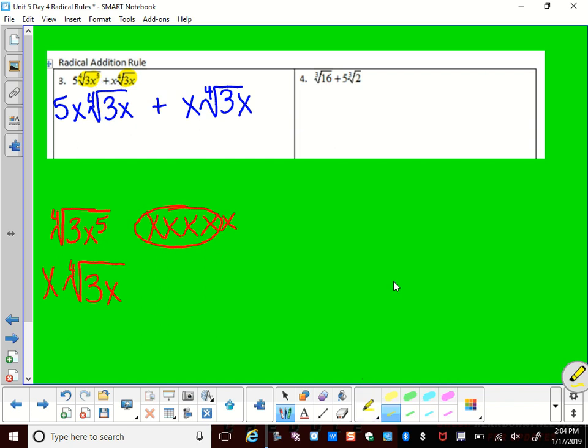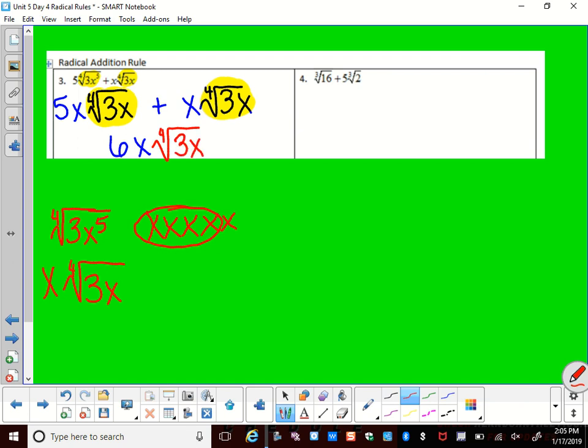Now take a look at your radicals. Are they matching? Yes. Now that they are matching, we can go ahead and simplify. What's 5x plus x? No, that's times, 6x. And then my radical is just going to stay the same.